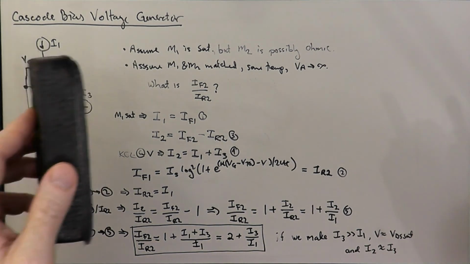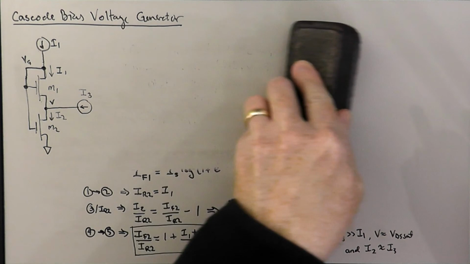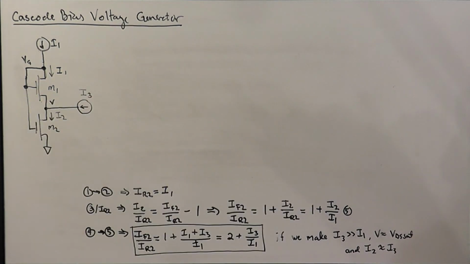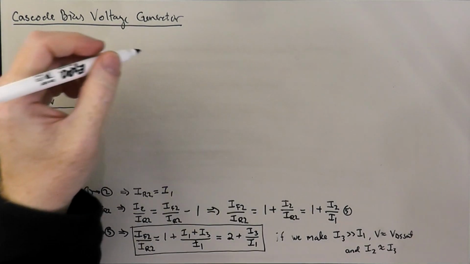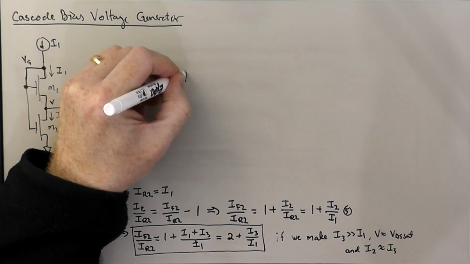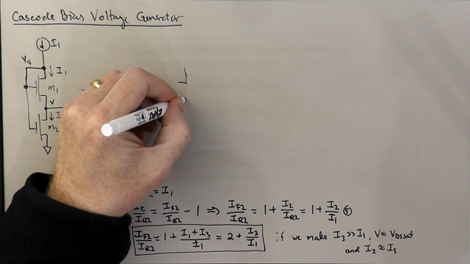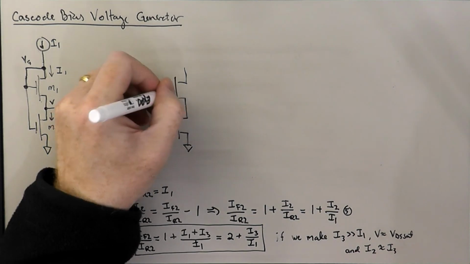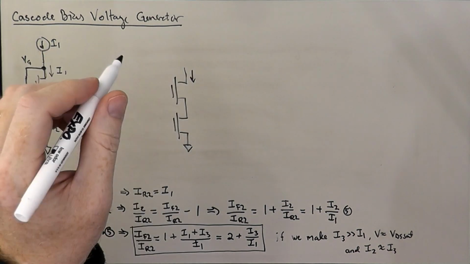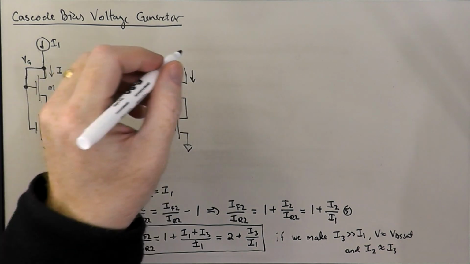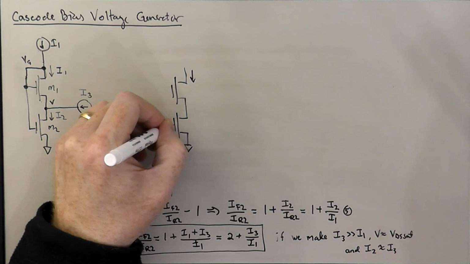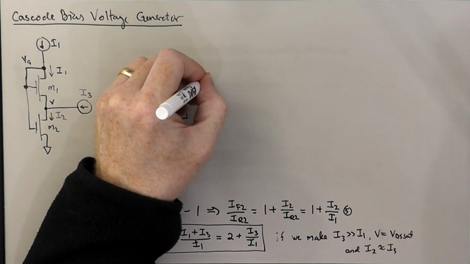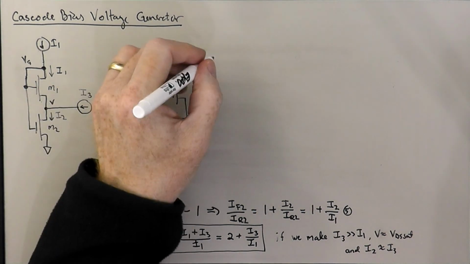Okay, so suppose we're cascoding a transistor here and the current is going to be, let's say, comparable to I3. Let's say it's I out.